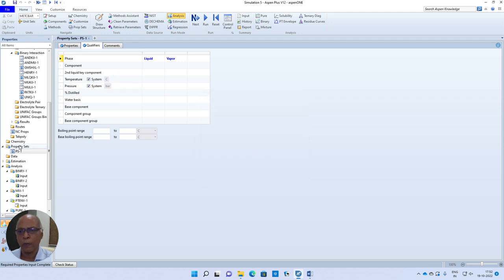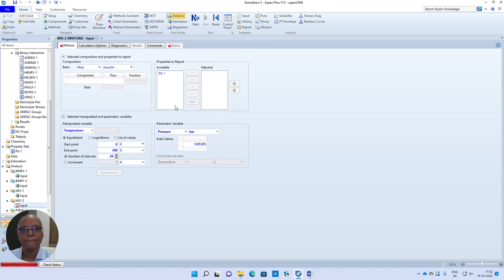You can add this property set. So let me take maybe two components. You can add as many components as you want, like what I did earlier. So run analysis.